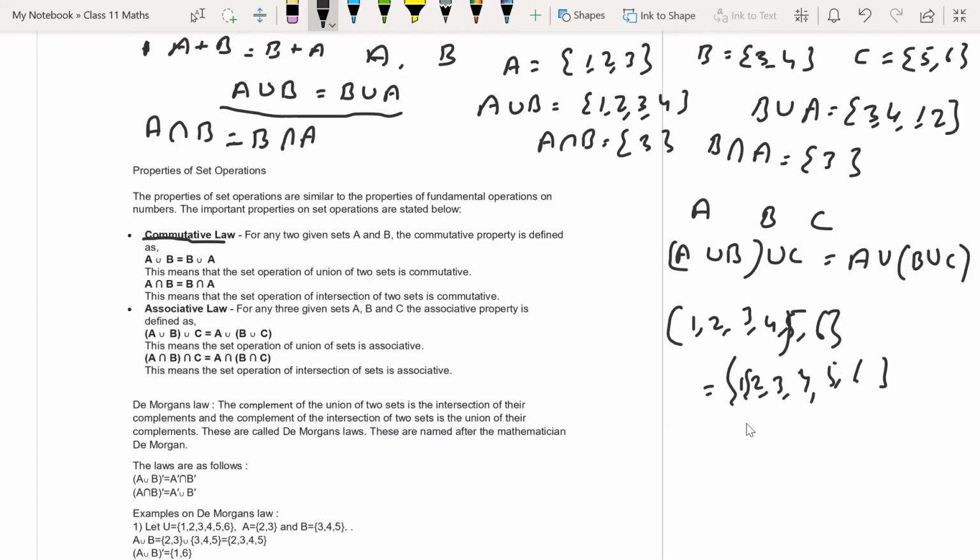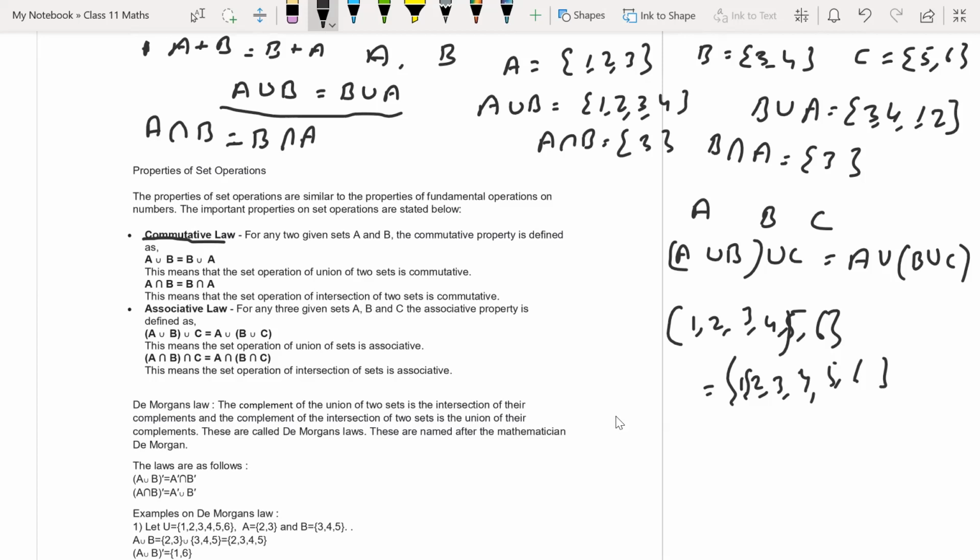And similarly, the set operation of intersection of sets is also associative. So from the above, we can conclude that the operation of union of two sets is commutative. The operation of intersection of two sets is also commutative.